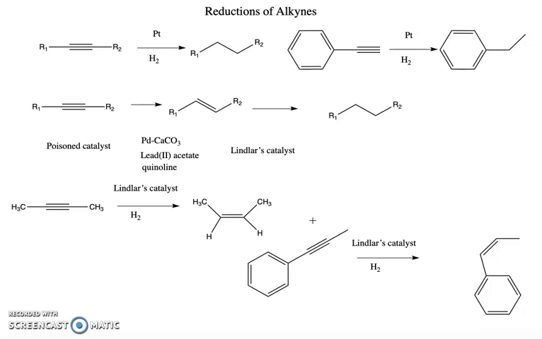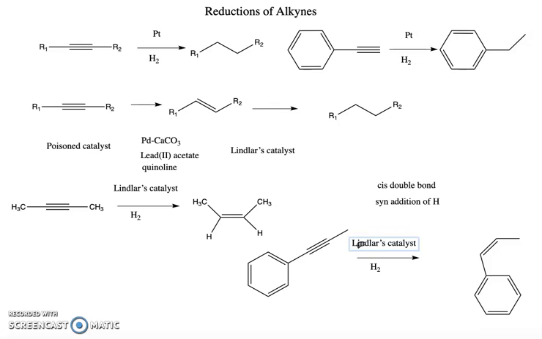One thing I want you to notice about both of these cases is that we end up with a cis alkene. Another way to say it is it's a cis double bond. Both hydrogens are added to the same face of the double bond. In other words, we get syn addition of the H's. And that will always be the case when you do a catalytic hydrogenation with the Lindlar's catalyst. We'll end up with the cis double bond, both H's added to the same face of my triple bond.